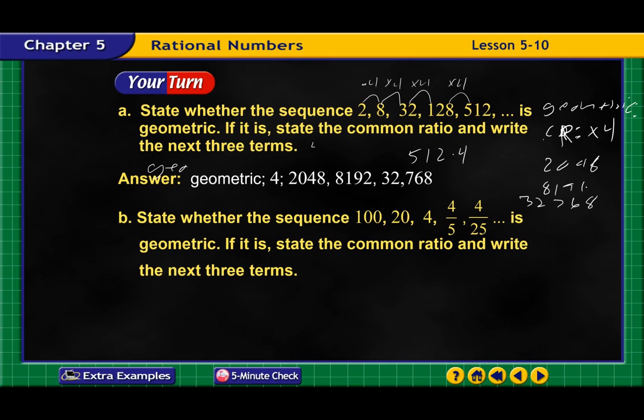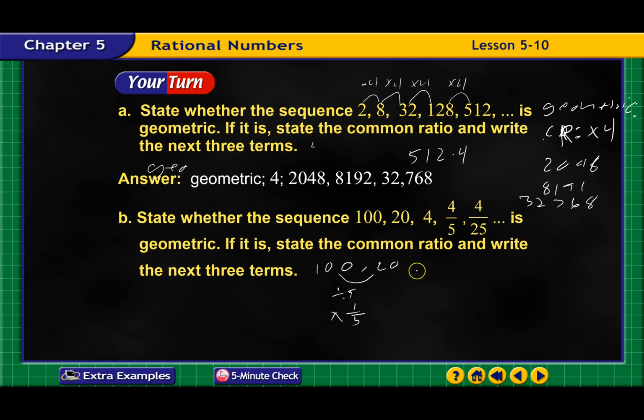All right, next one's a little more complicated. So between 100 and 20, it looks like there's going to be divide by 5. Or 1 over 5 is probably easier to think of.